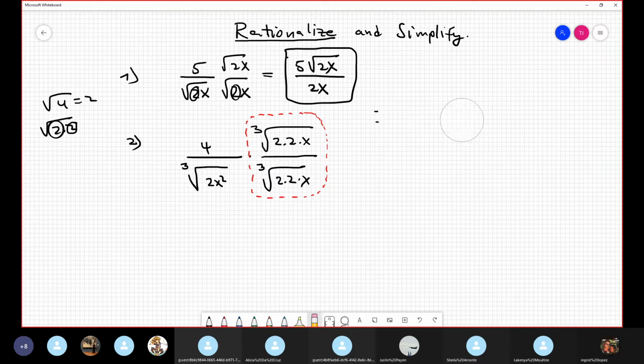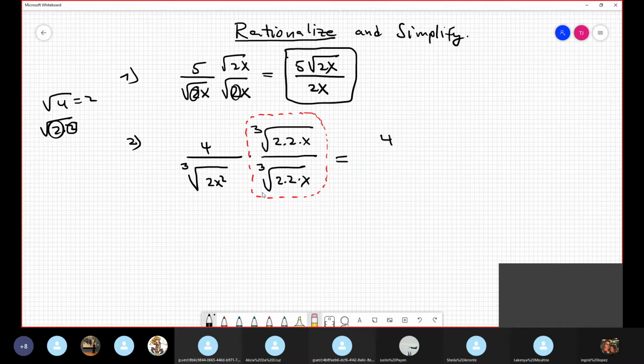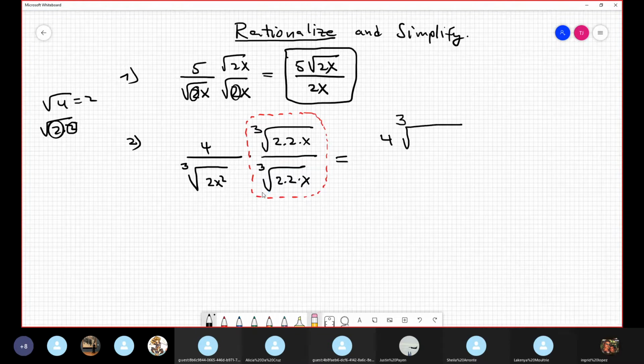Let's do it. So now, in the top part we have 2 times 2, which is 4, so cubic root of 4x, right? Where does this 4 come from? 2 times 2. And in the bottom part, we have only 2x. Yes or no?